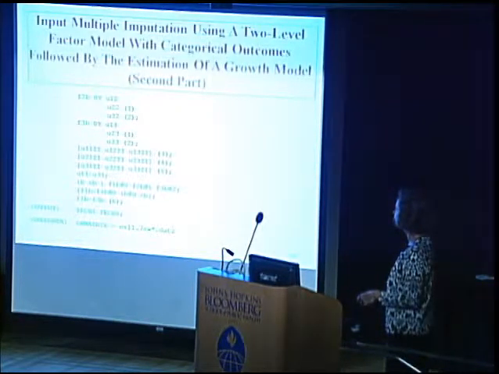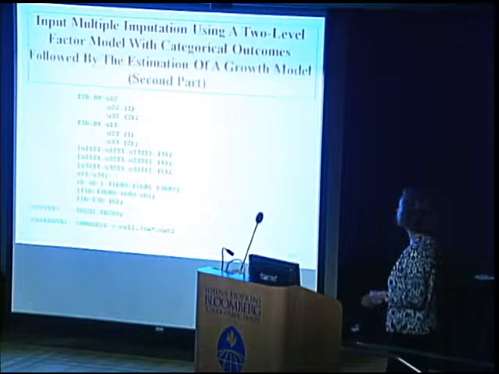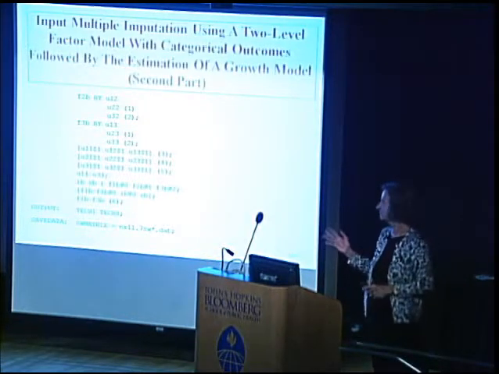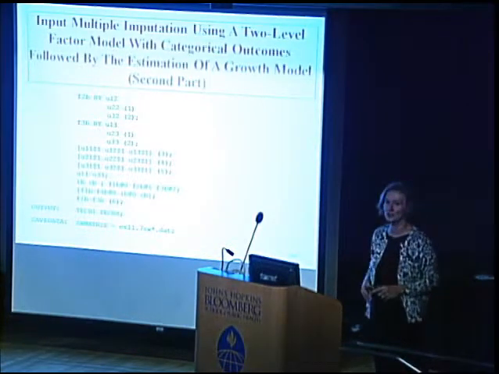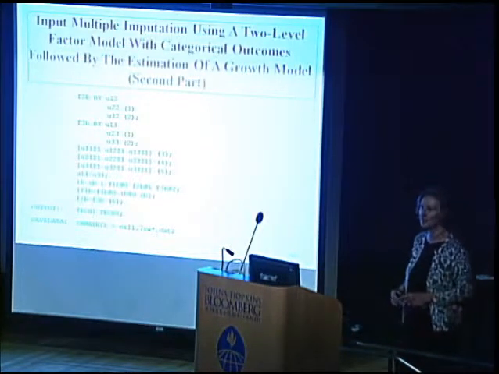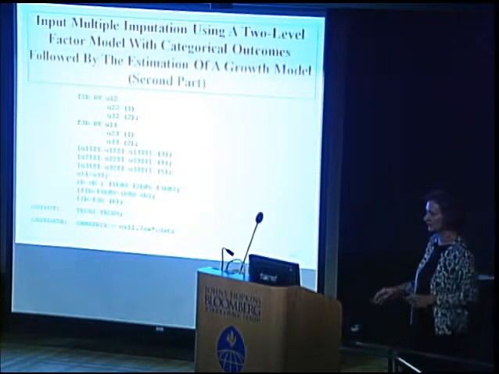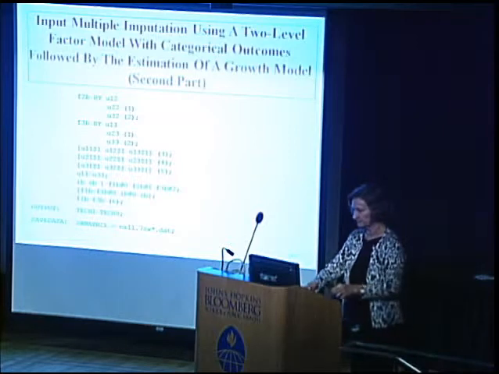And here we're holding the residual variances equal with that label of 6. So this is another example of using data imputation with categorical outcomes for the purpose, in a second step, of using weighted least squares estimation.